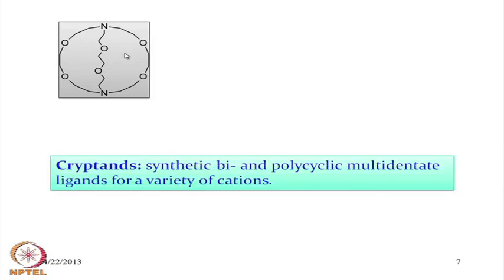So, we have one cycle and this is another cycle. So, this is basically a bicyclic ligand, and these types of molecules are known as kryptands, and these kryptands are synthetically prepared. They can be bicyclic or also polycyclic. So, they are useful for binding a variety of cations, and are also bidentate and polydentate in nature.